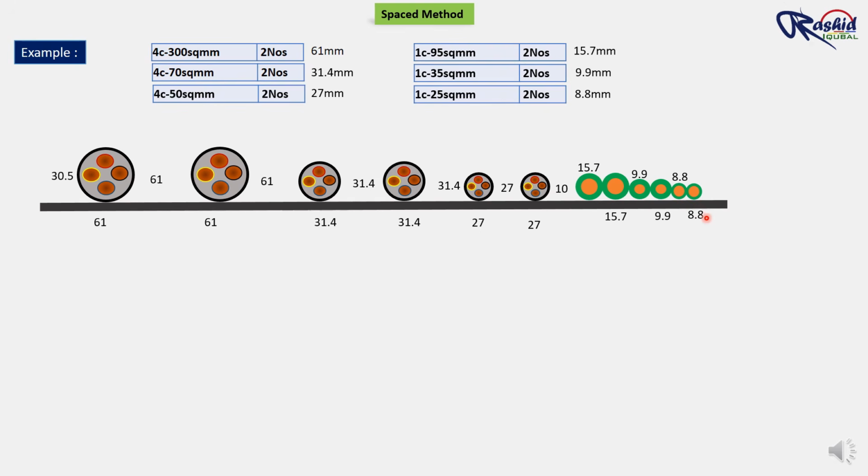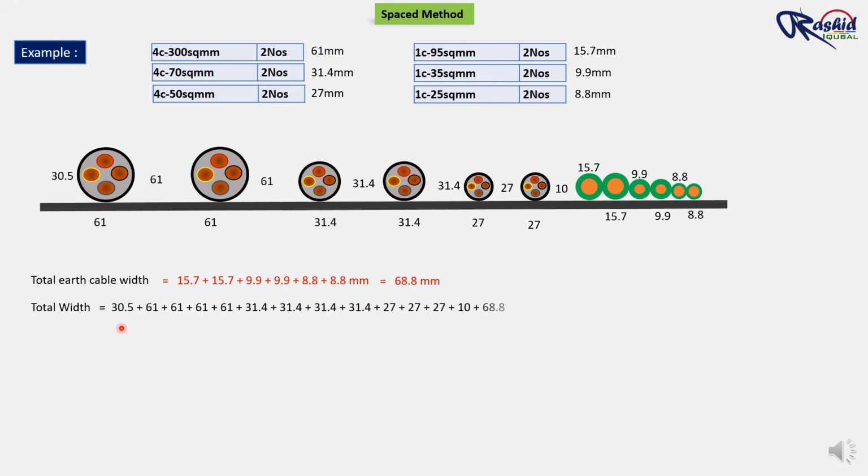Now let's calculate the total combined diameter of the earthing cables first. So 15.7 plus 15.7, and so on, these all are the earthing cables. So the total width of the earthing cables is 68.8 mm. Next we calculate the total required width for all cables including their spacing.